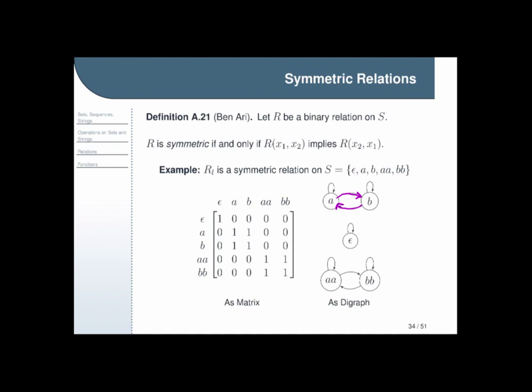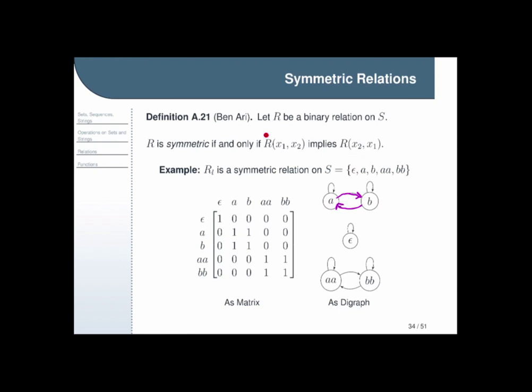So one thing that's very important to note here is that this property of relations is an if-then statement. This is an implication, which means only if x1 is related to x2 do I have to expect that x2 is related to x1.